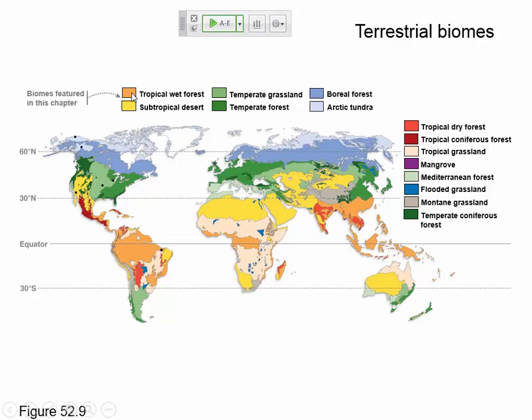So the tropical wet forest, subtropical desert, temperate grassland, temperate forest, boreal forest, and Arctic tundra. And your authors chose these because they're areas of the planet that are particularly extensive or noteworthy in some way. Now, here's the other ones over here just to fill in the gaps.